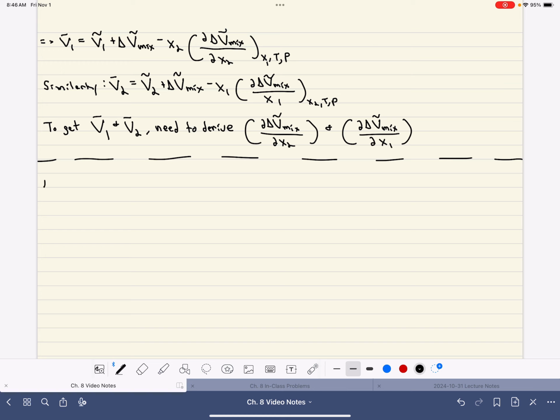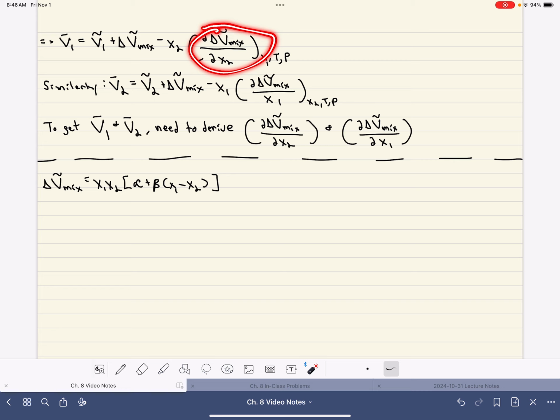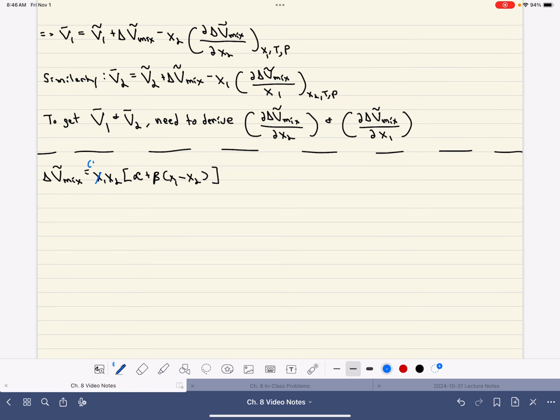Once again, our delta V mix expression was described like this. As you can anticipate, we first need to take the derivative with respect to x2. So let's first rewrite all of the x1s in terms of x2, since it's a binary mixture.